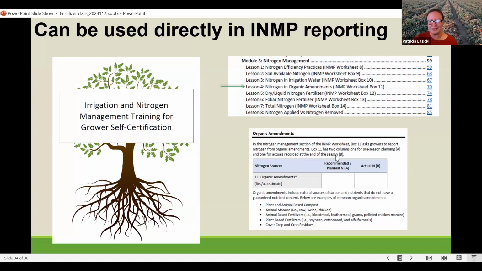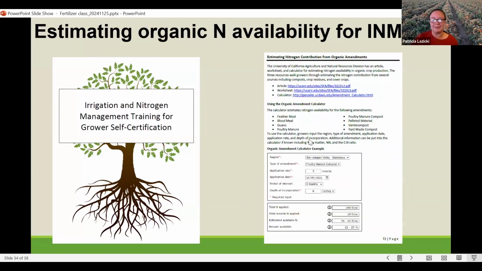And of course, it's not going to be the total amount applied because you could be doing 300 pounds of nitrogen from a yard trimmings compost application that only 3 pounds of that might be available. So what you want to put in this box is the estimated amount that will be seasonally available, which is what we just calculated.